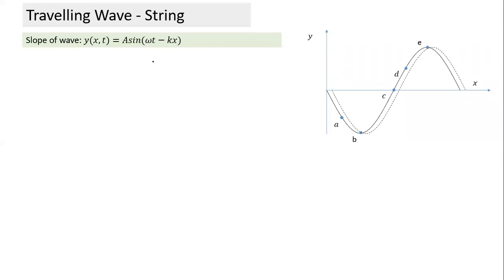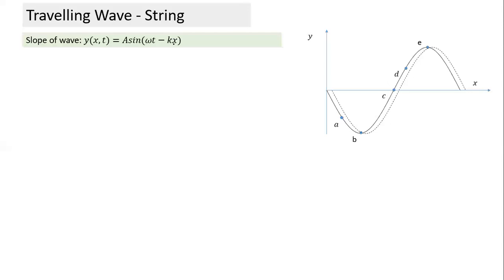Let's try and again look at this equation. What factor does omega depend on? Omega depends on the angular frequency of the source which is causing oscillation. What does x indicate? X gives the position of a particular particle on the string.